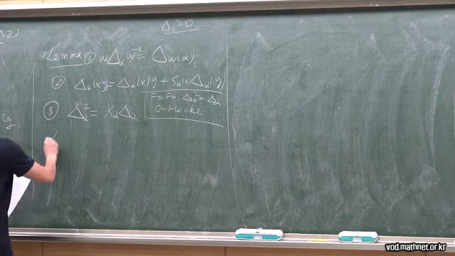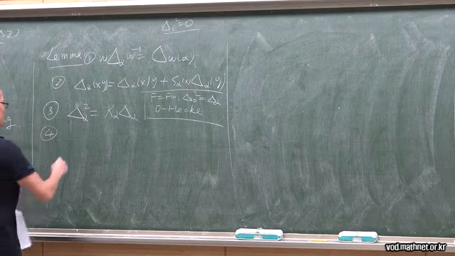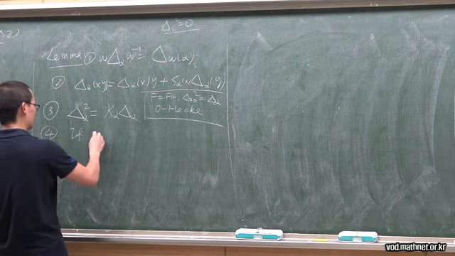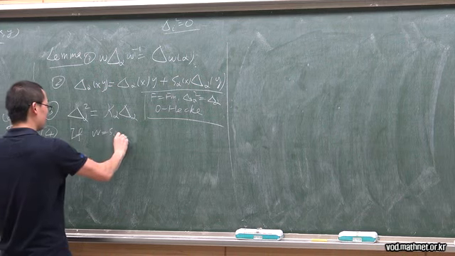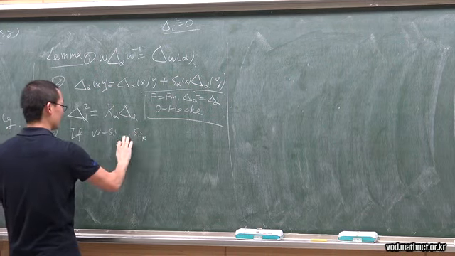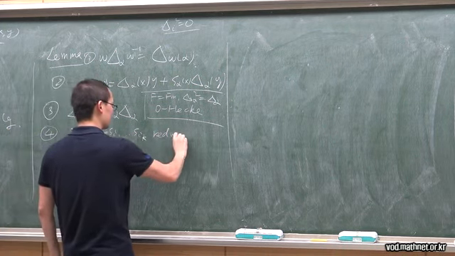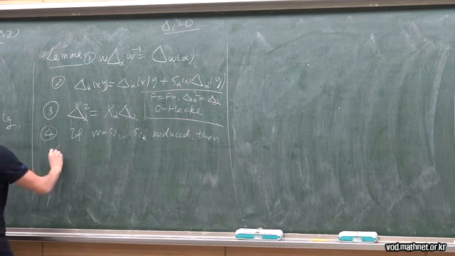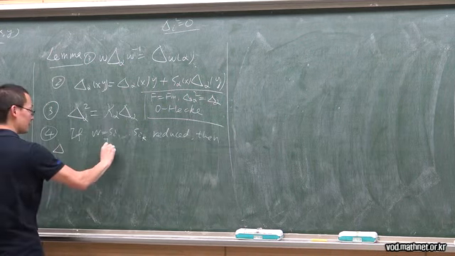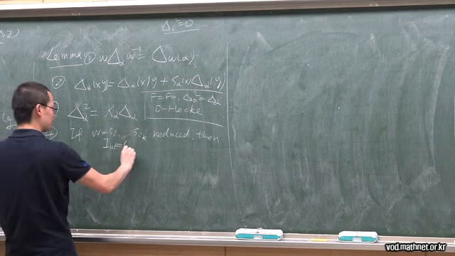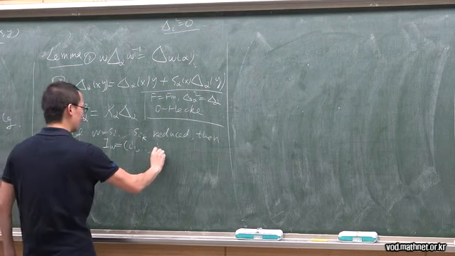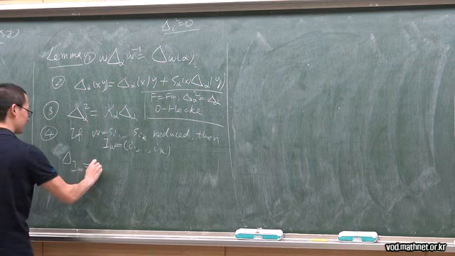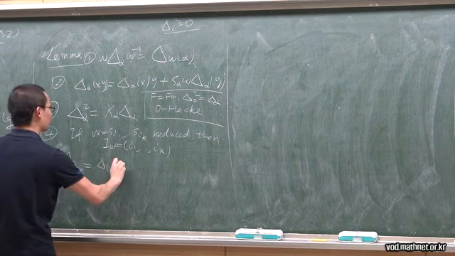Okay. Now, last one, braid relation. So if w equals s_i1 through s_ik reduced, we denote I_w to be this reduced sequence i1 through ik, and you can define delta_{I_w} to be delta_i1 through delta_ik.